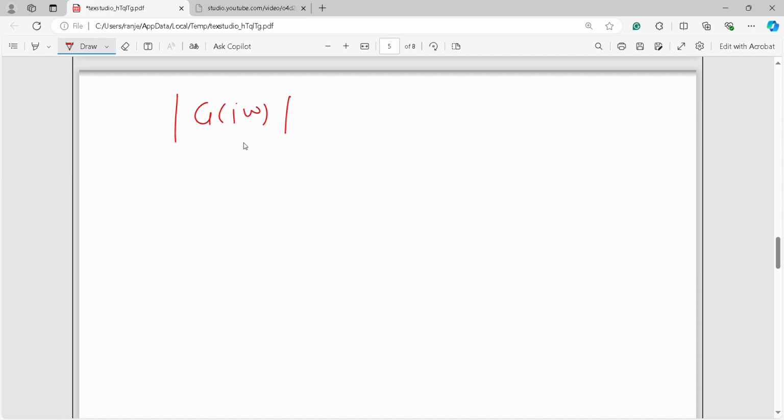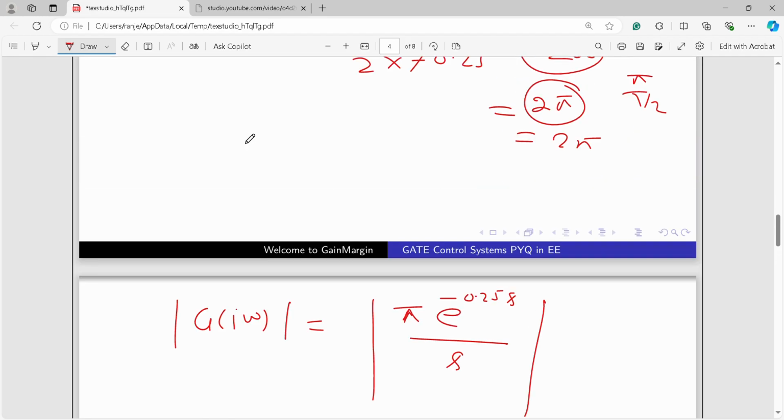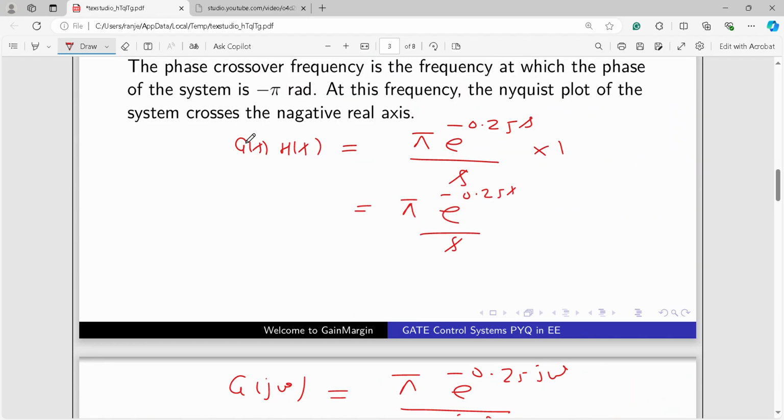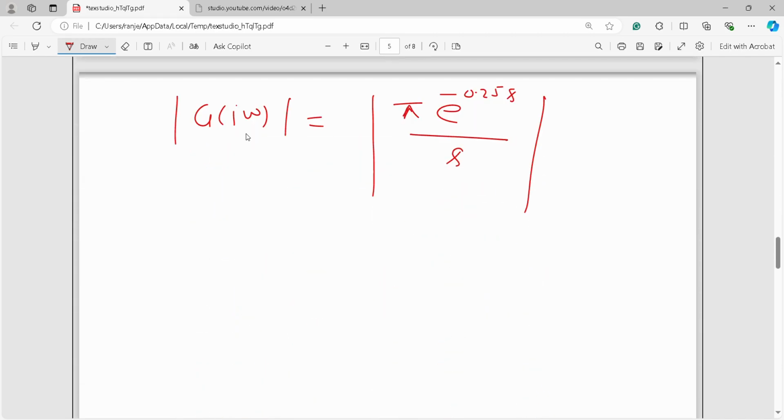Then we want the gain, right? What is pi e to the power minus 2.5 s by s? Here you consider j omega and j omega.